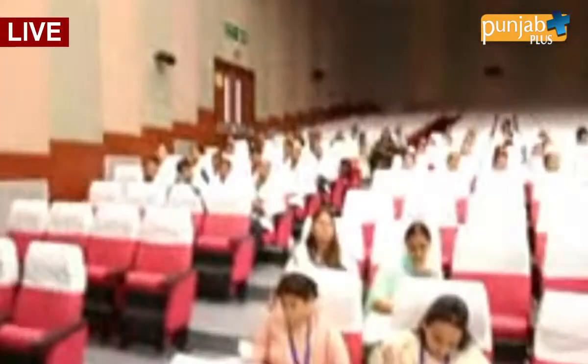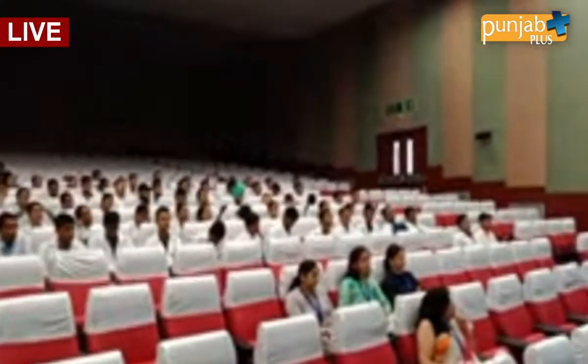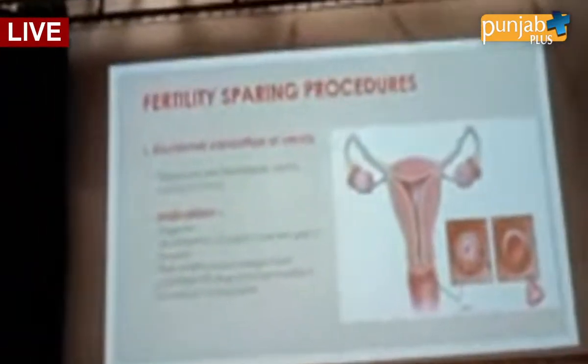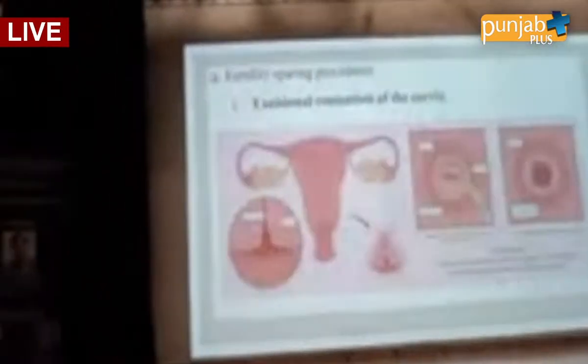Now, the fertility sparing procedures, first we will discuss the conization. The excisional conization is diagnostic as well as therapeutic, because when we first get the report of cervical biopsy and it shows that there is a microinvasive carcinoma, so we plan the excisional conization, and it is indicated only in stage 1A1, and there should be no evidence of lymphovascular space invasion, but both endocervical curettage and the margin should be free.